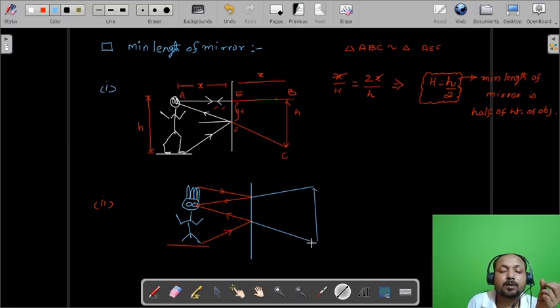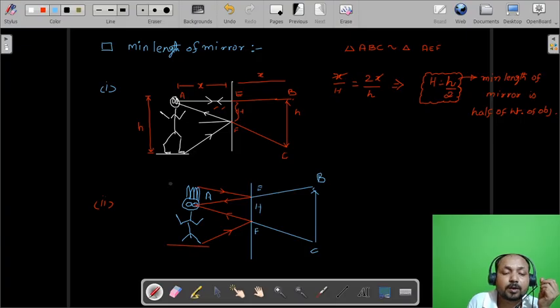Again we will get two similar triangles. Let's say this is A, this is B, this is C, E, and this is F. This H we have to find out.